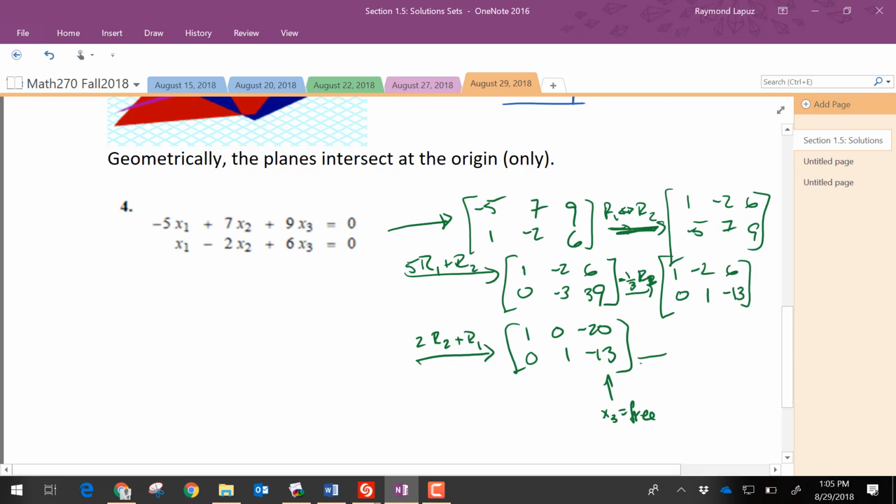So according to the second row, x2 minus 13 x3 equals 0. And then so x2 is equal to +13 x3. Did I do that right? Okay.